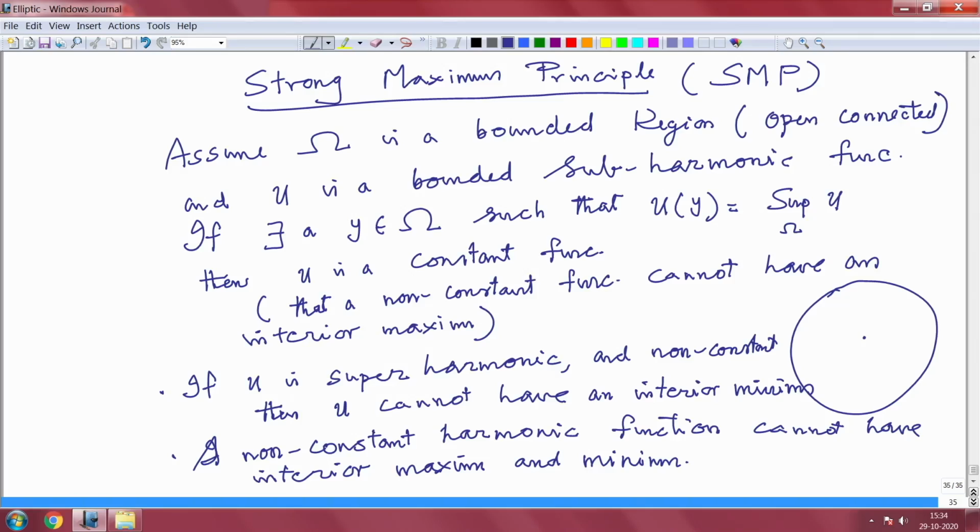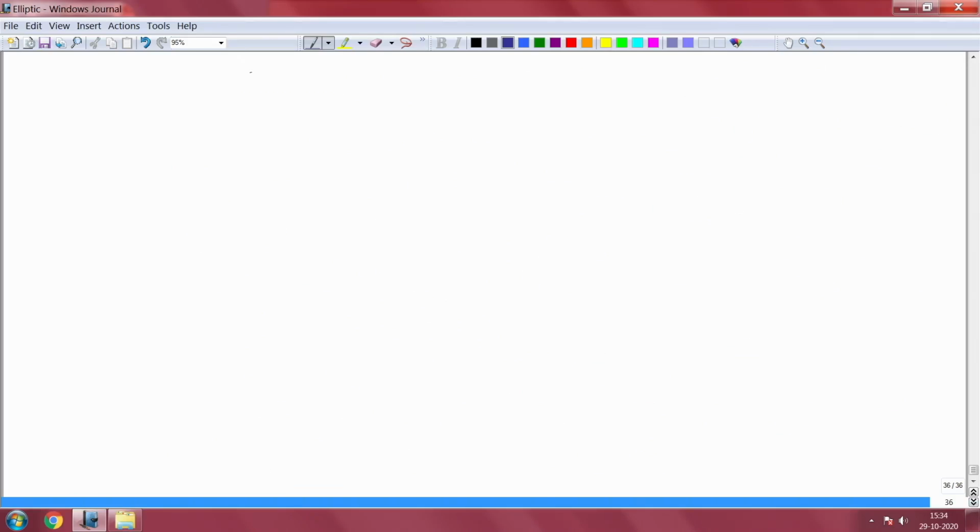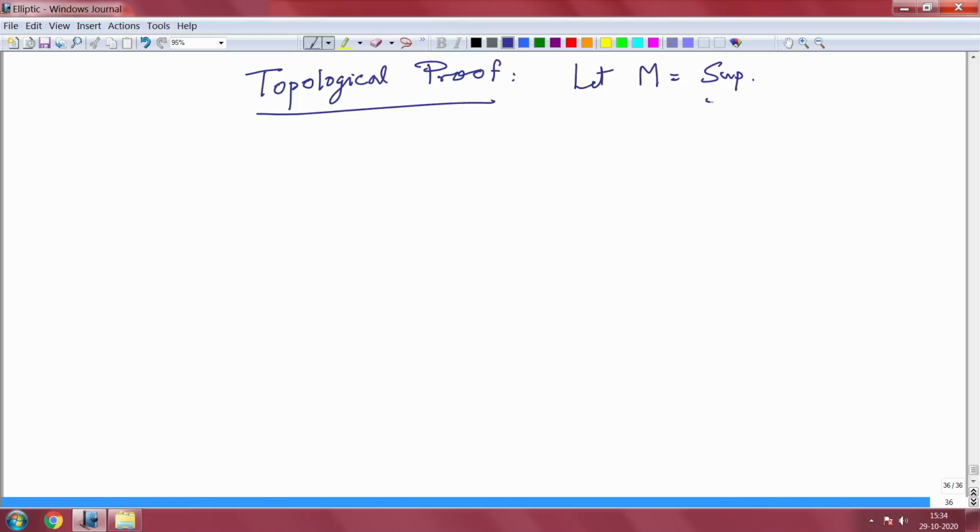So let me try to give a proof, a topological proof, basically. Let m be equal to the supremum over omega of u, and that is given to be u of y for some y. There may be many y in omega.